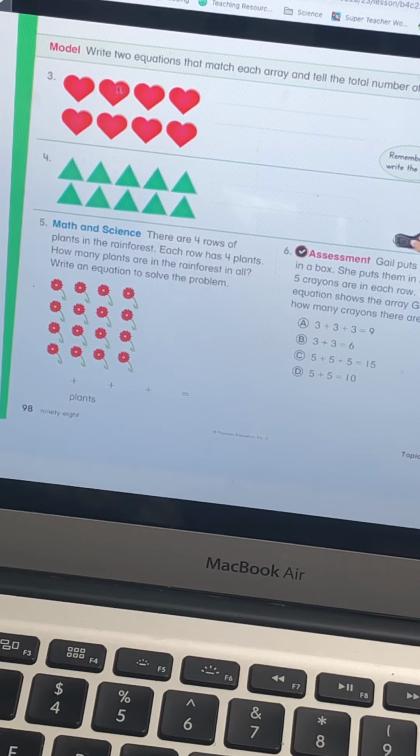So, let's do rows first. How many hearts are in this row? 4. So I better get a color. We're going to put 4. And then how many are in this row? 4. And so you're going to write plus 4. And what is 4 plus 4? Not 14. 8.